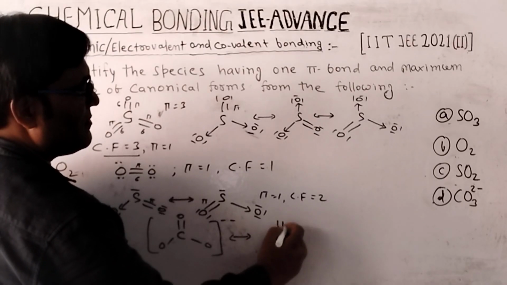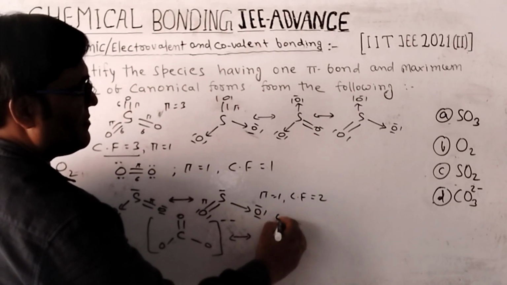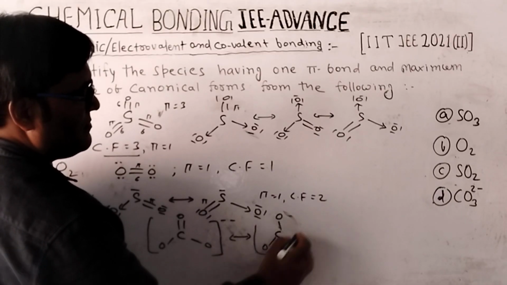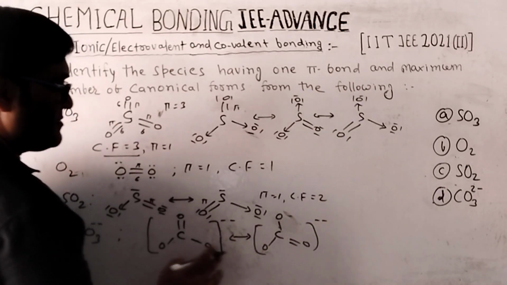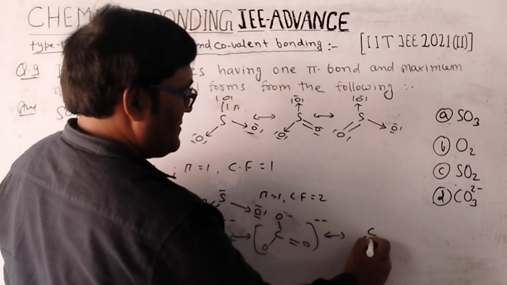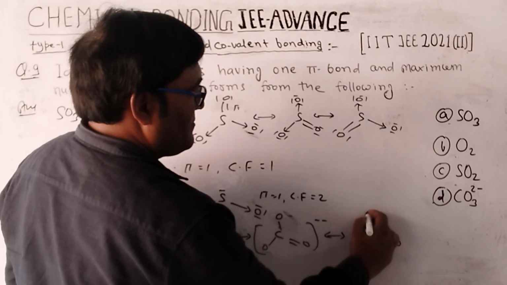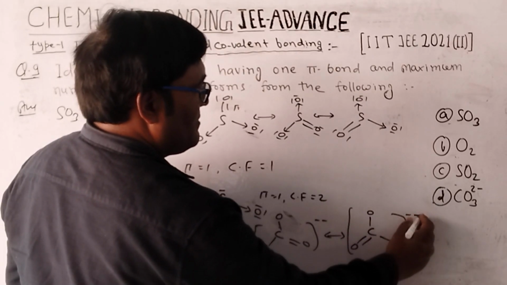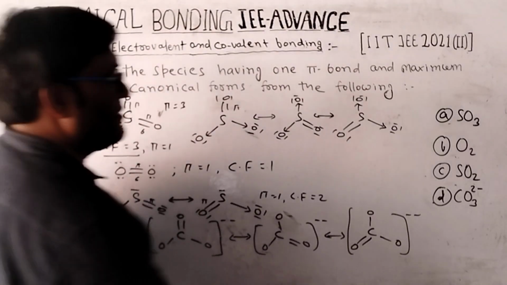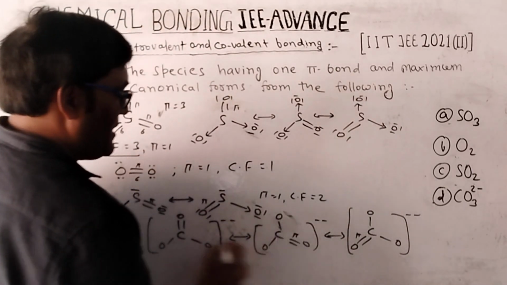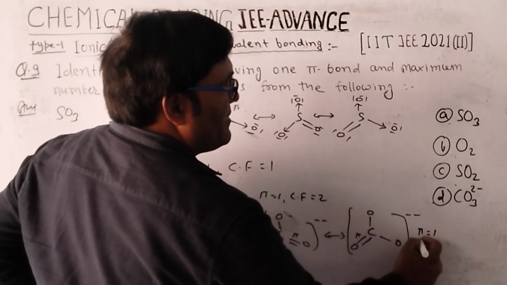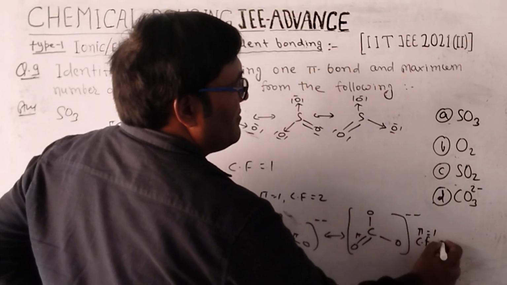After that we write CO3 2 minus in this way, and after that the last structure of CO3 2 minus. So there are 3 resonating structures. Here 1 pi, 1 pi and 1 pi. So pi is 1 and canonical form CF is also 3.